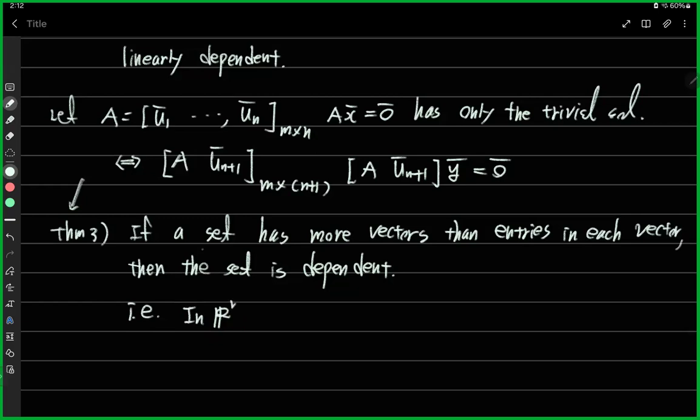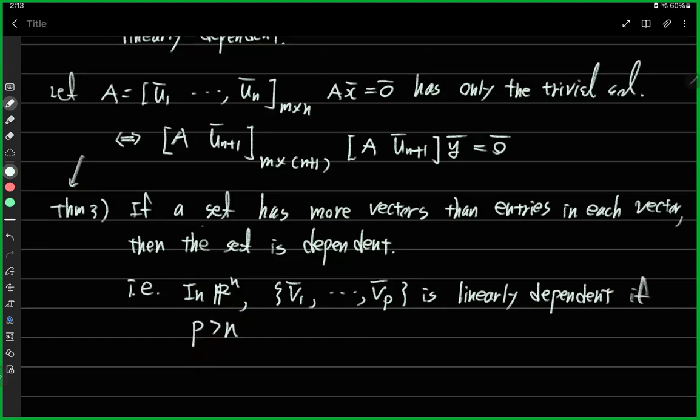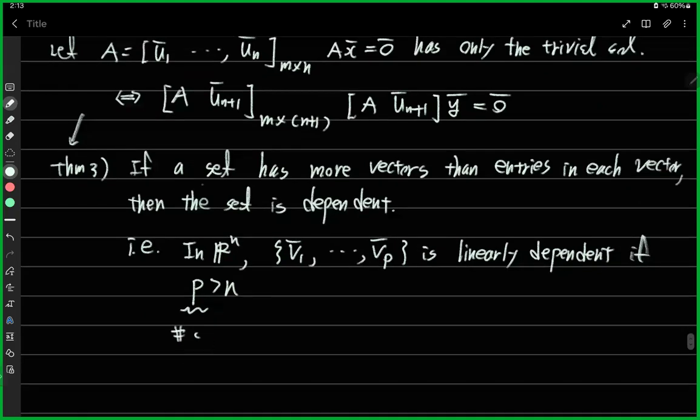So in R^n space, we have p vectors. The number of vectors is p. It is linearly dependent if p is greater than n. So what is p? Here p is the number of columns. n is the number of rows.